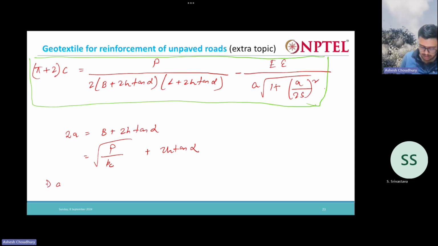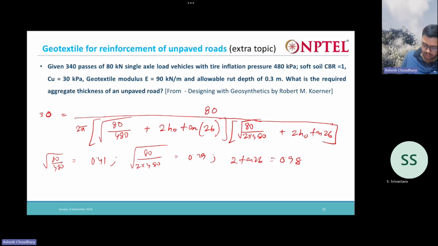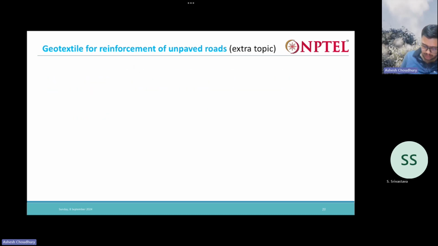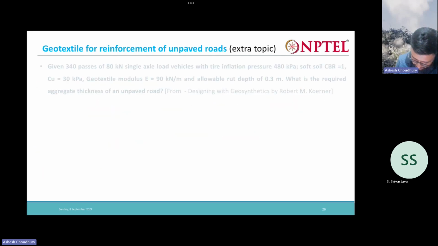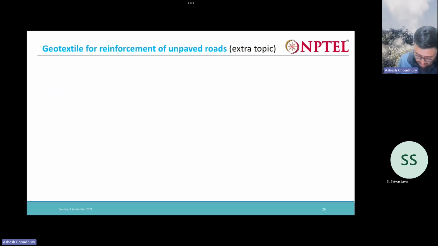So a is nothing but half of this. Now I can get a is equal to, what is P? 80 by 480.